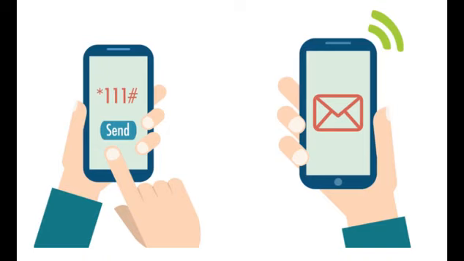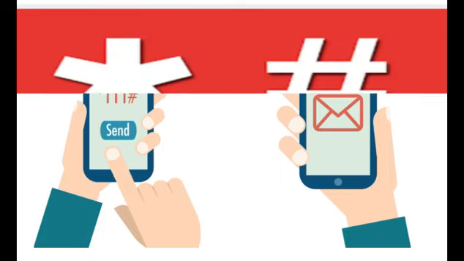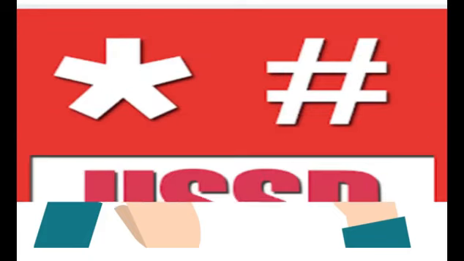The user can send the operator a request in the form of a USSD command. Commands consist of the asterisk and hashtag characters and numeric codes. The chain begins with asterisk or hashtag, which can occur more than once, separating commands from subcommands, and usually ends with hashtag.